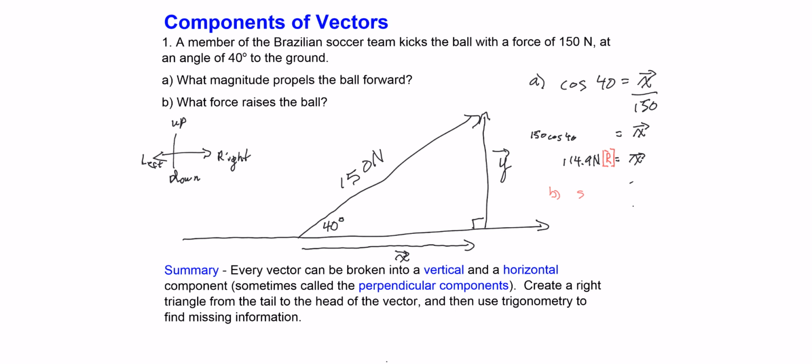So sine of 40 is equal to y over 150. Do your calculations. We end up with y equal to 150 sine 40. And in this case, y is 96.4 newtons, and we're going to give it a direction. Its direction is up.